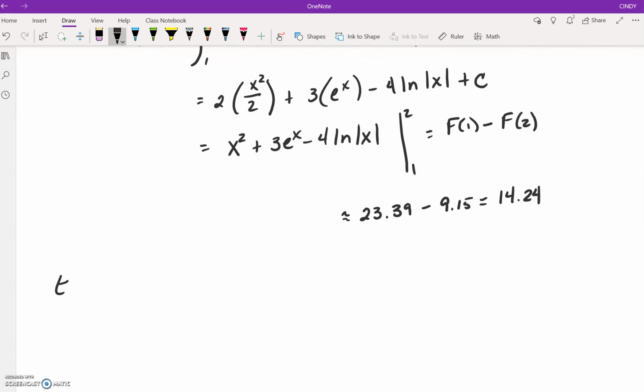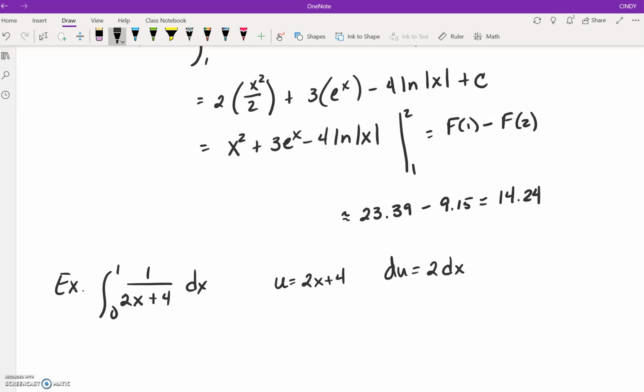Let's do another one. This one says we have an integral between 0 and 1 of 1 over 2x plus 4 dx. Okay, this one kind of looks like a substitution problem to me, so I'm going to let u equal 2x plus 4. Therefore, du is equal to 2 dx.